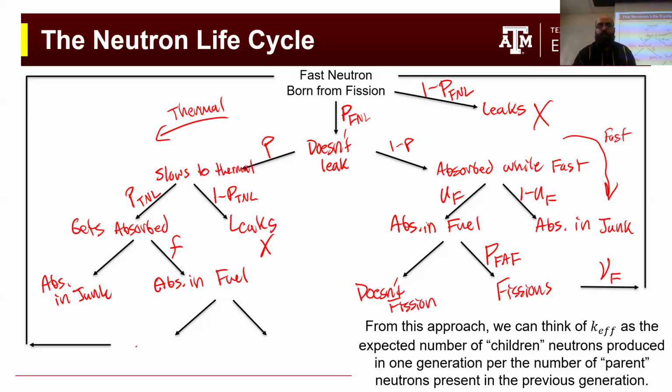So this is going to correspond to fission on the left and then not fission on the right. And if we are absorbed and we cause a fission while thermal, that probability was PTAF. And in the thermal branch, if we cause a fission, then after that fission, we produce new thermal neutrons. New T is the number of thermal neutrons that get produced.